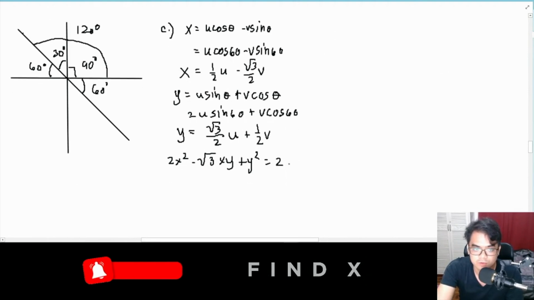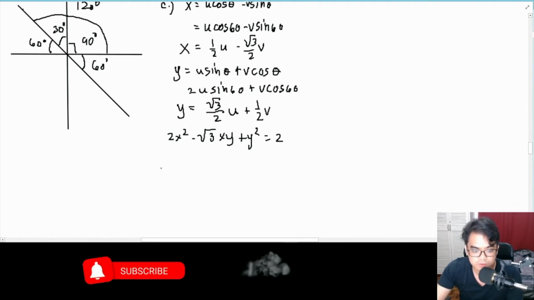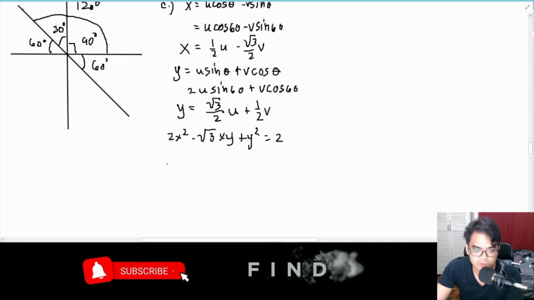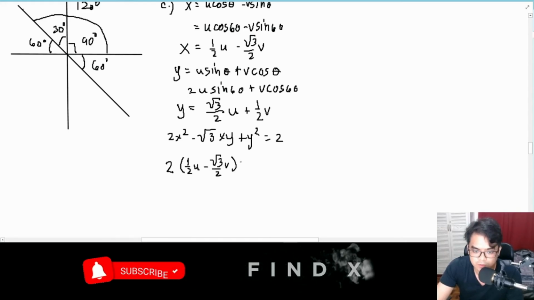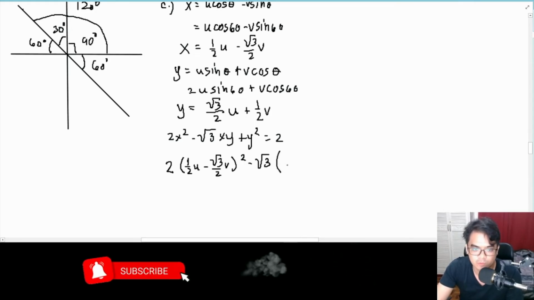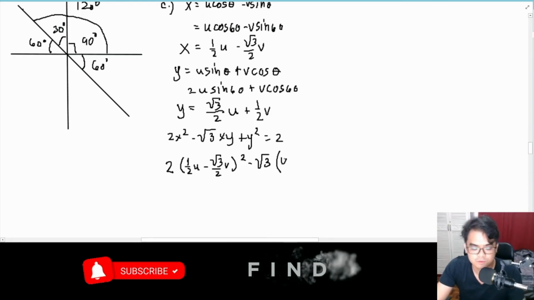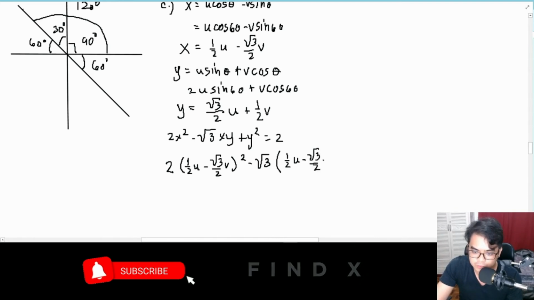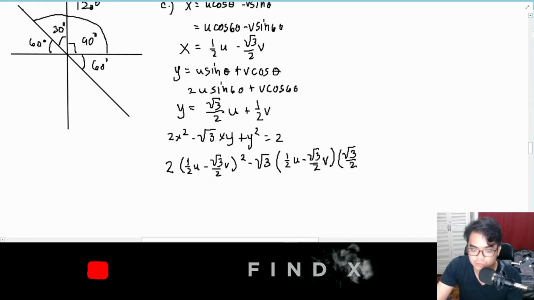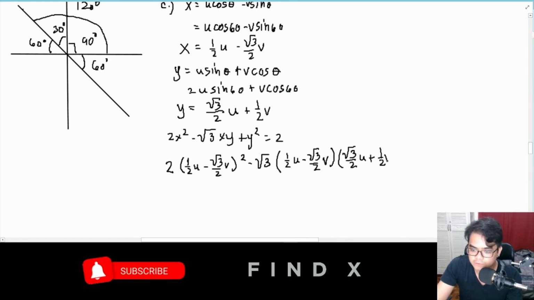So let's substitute the values. You'll have 2 times x squared, so that will be 2 times 1 half u minus square root of 3 over 2 v squared, minus square root of 3 times the value of xy. x is 1 half u minus square root of 3 over 2 v, and the value of y is square root of 3 over 2 u plus 1 half v.